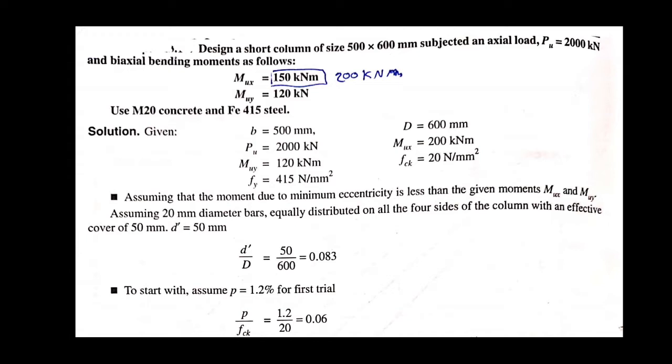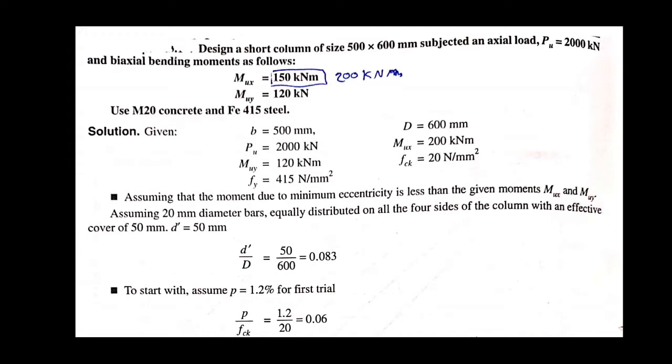What is given? Width b is 500 mm with respect to x axis. Capital D, depth, is 600 mm. Pu, axial load, is 2000 kilonewton. Mux is 200 kilonewton meter. Muy is 120 kilonewton meter. fck is 20 Newton per millimeter square and fy is 415 Newton per millimeter square.